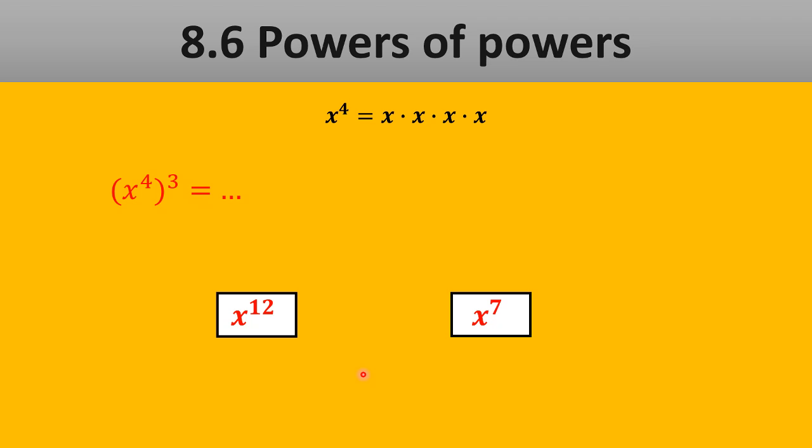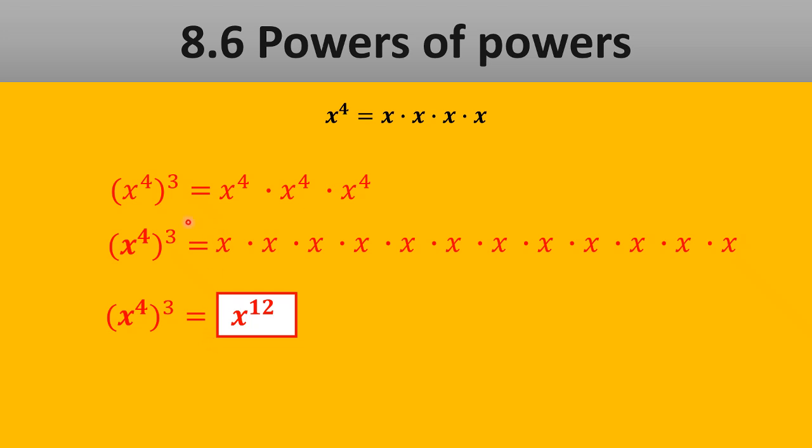I think the answer is going to be x to the 12th power. Why? Remember, x to the 4th power to the 3rd means I'm going to multiply x to the 4th times x to the 4th times x to the 4th. That's what a power does, right? What's inside of brackets is going to be multiplied, in this case 3 times itself, because there's a 3 here.